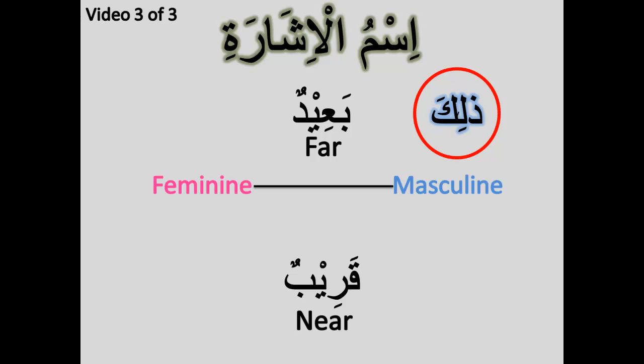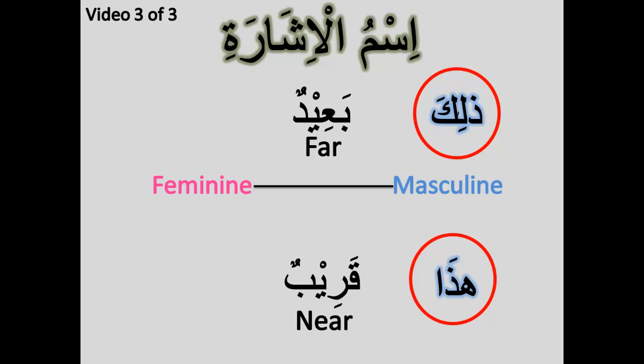So we use dhalika in a sentence, whether it is spoken or written, when the object you are demonstrating towards is ba'idun, and also if it is masculine, we use dhalika. And if the object is qarib, it is near, and then we use hada. Also, we use hada if it is masculine.